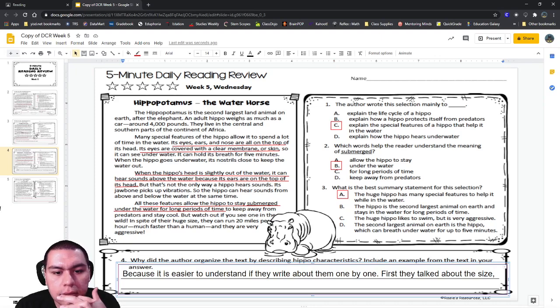Jada, after the size of the hippo, what was the second thing they told us about? Okay, the weight. First they talked about the size, then weight. After the weight, what's the next thing they talked about?